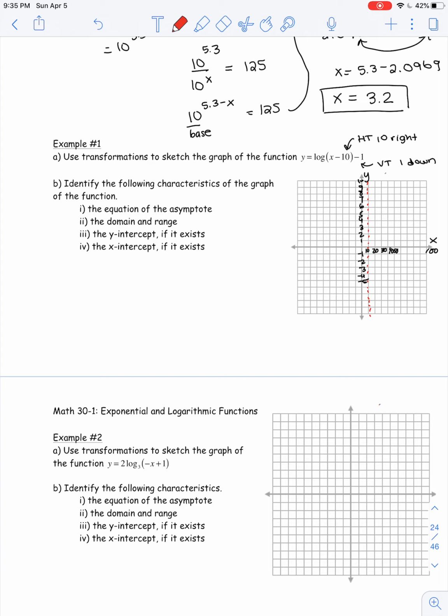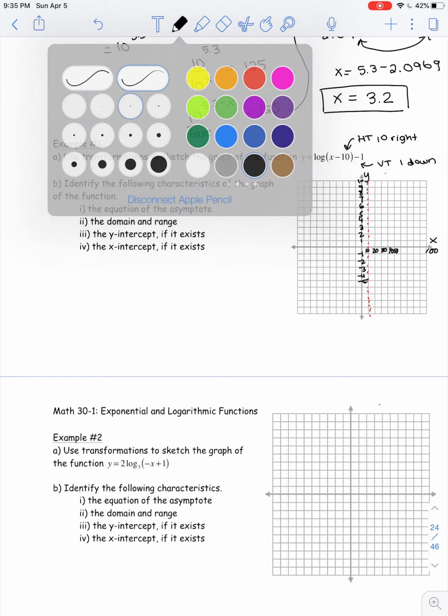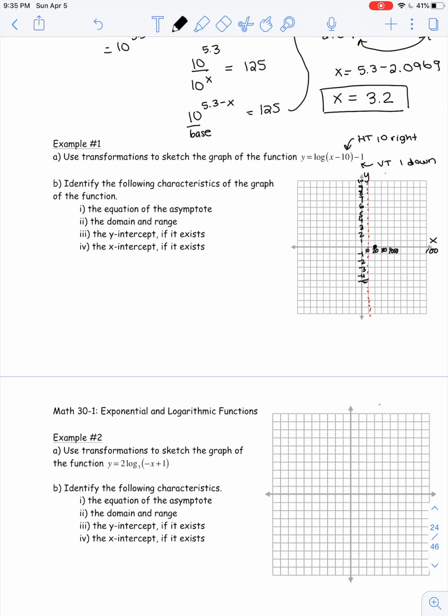So if you go to the left side of that x-intercept, the right side of that x-intercept, you should find that the 0 is at 20. So there's an x-intercept right there at 20. And then we're just going to draw our graph going through that 20 and then going as close to that dotted line as possible without going through it.